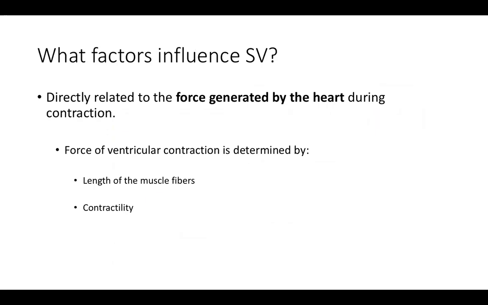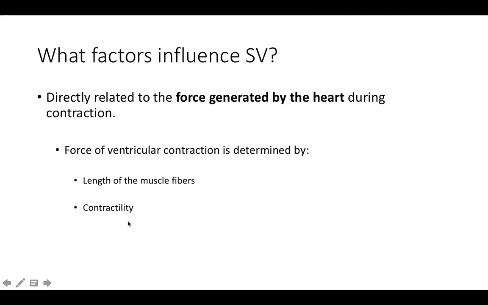So now we've talked about heart rate, but now we have to talk about factors that influence stroke volume. And factors that influence stroke volume are directly related to the force that is generated by the heart during contraction. And so the force of ventricular contraction is determined by a couple of things. It's determined by the length of the muscle fibers, how much they stretch, and B, how much they contract.